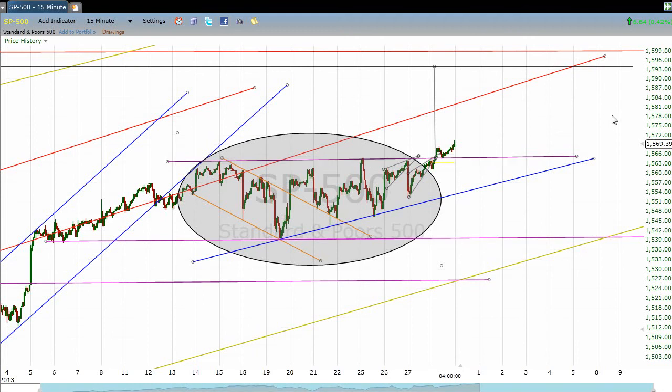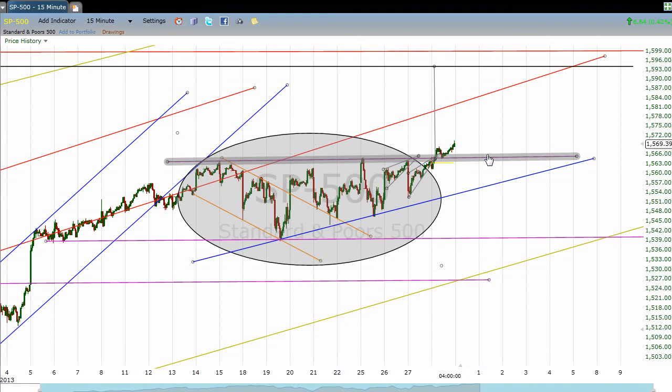Now, one thing I want to point out, we've been looking at a lot of inverted head and shoulders patterns, and this looked like it might have been one, but it's not. And I don't know if an ascending triangle is quite as bullish as an inverted head and shoulders.